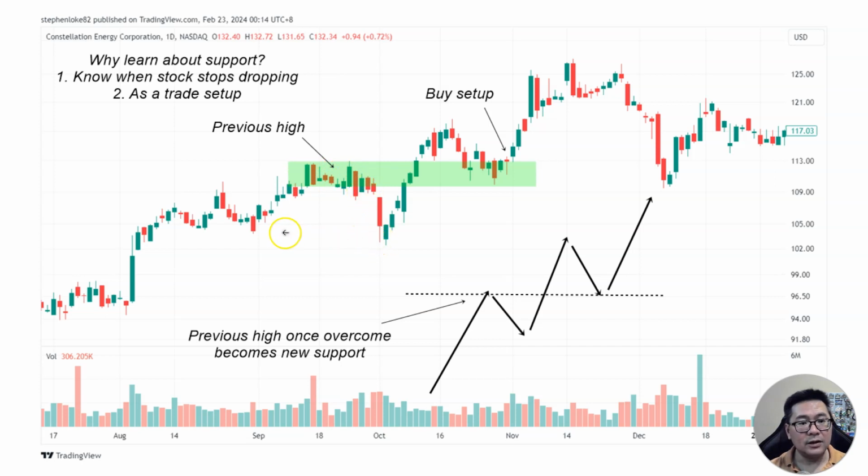But it is able to find support at this area, and this time this push up was strong enough to overcome this resistance area. But the bullish momentum doesn't last long, and then it had a slight correction. Now the beauty of this is that once this previous high has been overcome, it now becomes a new support.